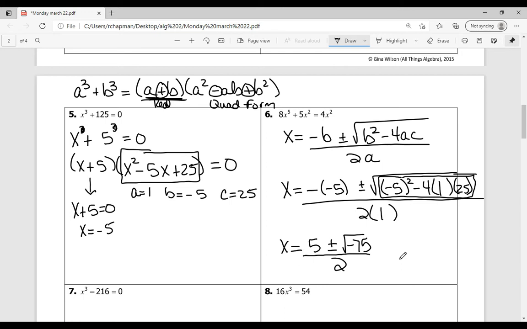Is it okay to have imaginary answers? Absolutely. So now what I have to do is take the square root of -75, and I have to break down the square root of 75. What's the perfect square factor of 75?